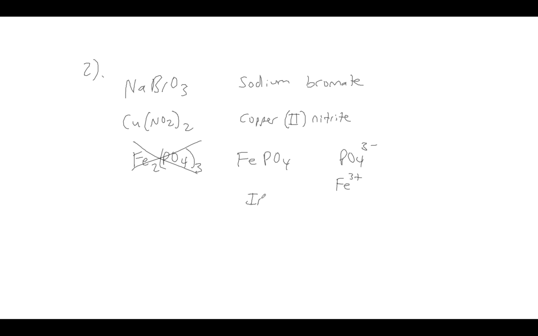So the name would be iron(III) phosphate. Okay? And then finally P2O5, this is actually a molecular compound, and we would write this indeed as diphosphorus pentoxide.